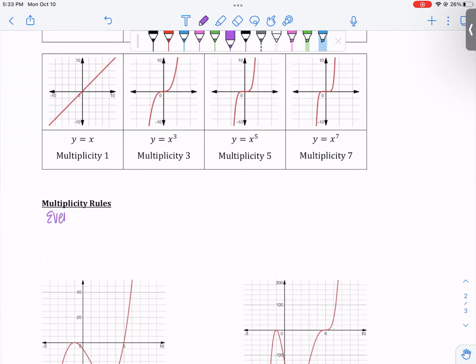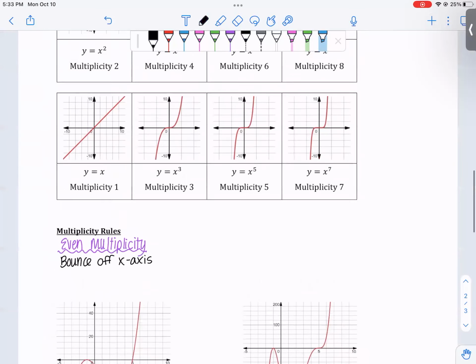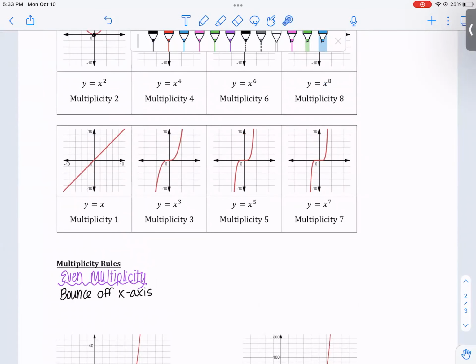If we have an even multiplicity, this is going to bounce off the x-axis. Because again, maybe I should have repeated this earlier in the video, these zeros are x-intercepts.